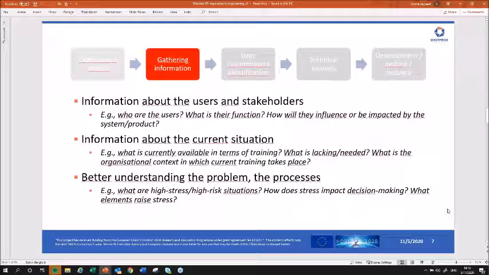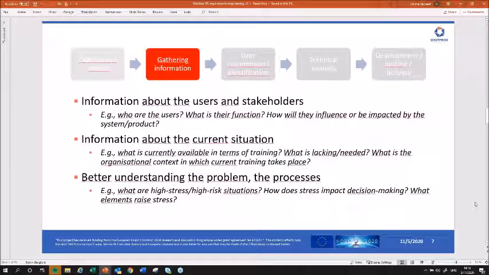Because if you don't understand the processes and you just start developing something and think it will help, then you risk spending a lot of money on something that might not be effective in the end. So it's important to gather information about those elements to make it very clear where you have to intervene in these processes.